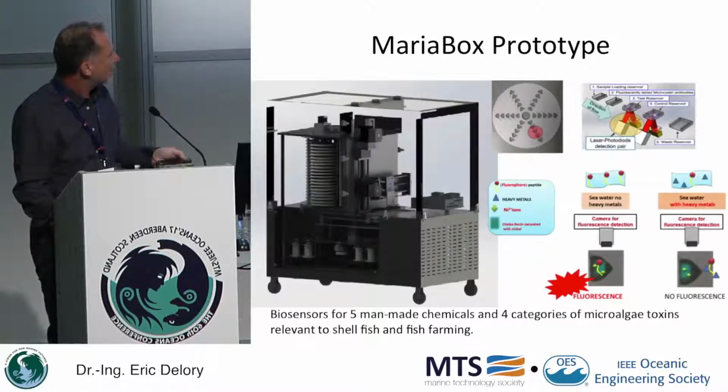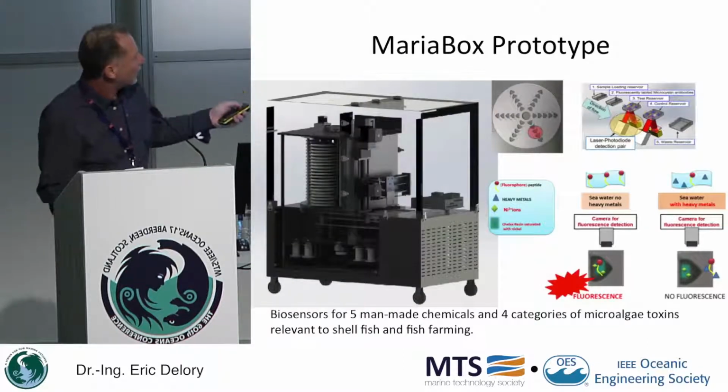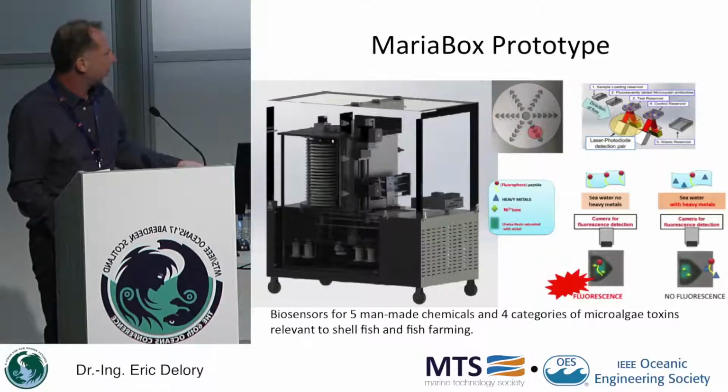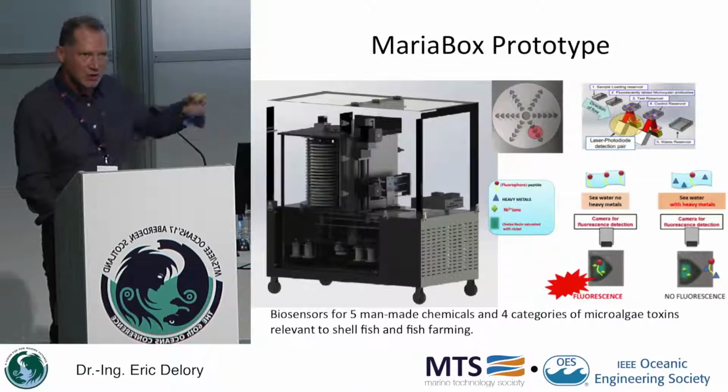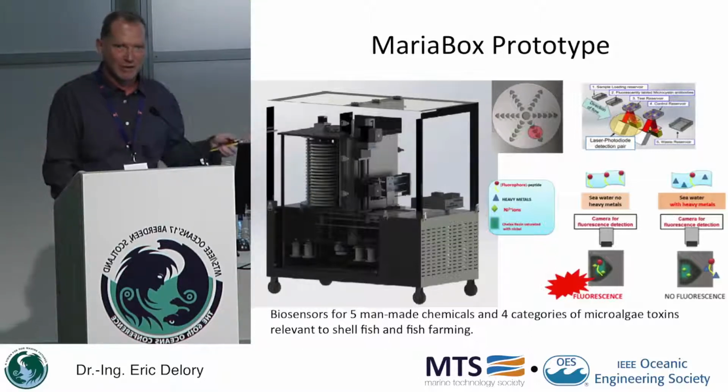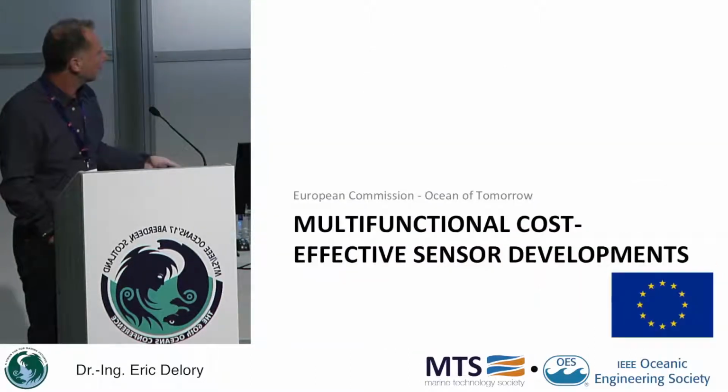Mario Box is, I think, the last one I wanted to show, which is made of a biosensor for 5 man-made chemicals and 4 categories of microalgae toxins. And again, this is a system that is supposed to be installed on something bigger than an autonomous vehicle.